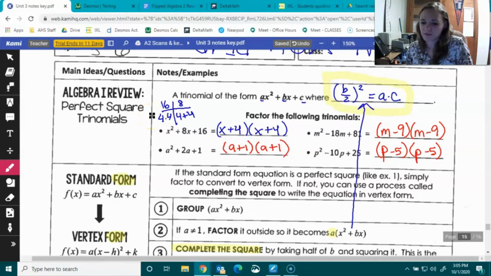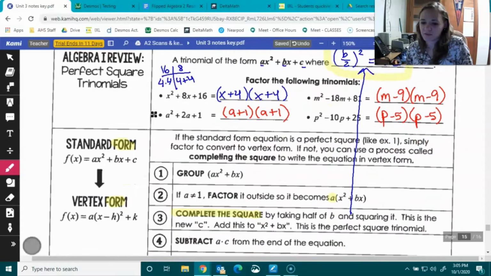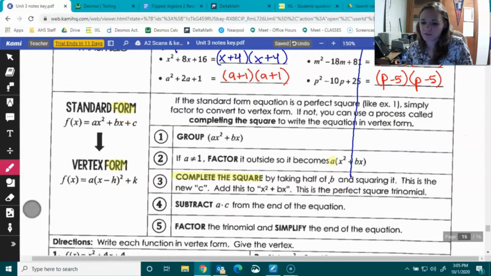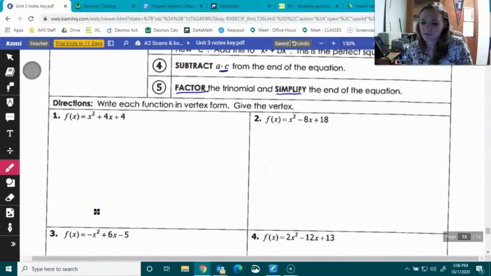Oh, I have that drawn from the wrong place. Sorry. That's supposed to connect from this part right here. That will be your new C value, and then after that you're going to subtract A times C from the end of the equation, and then you're going to factor and simplify. There's a lot of steps to this, so let's get started.